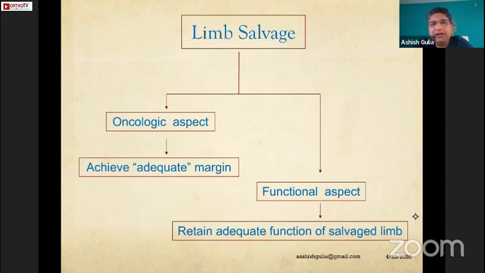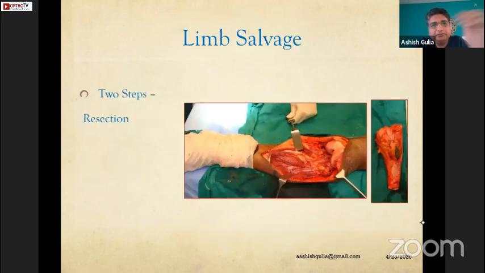But if you have local recurrences in malignant bone tumors, the fatality is more or less sure, unless the DFI is pretty long. Hence, we must remember that getting a good oncological clearance is most important in these tumors.